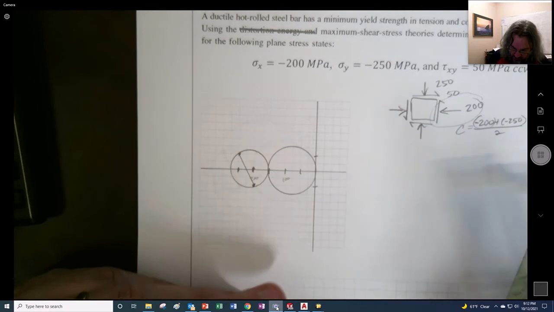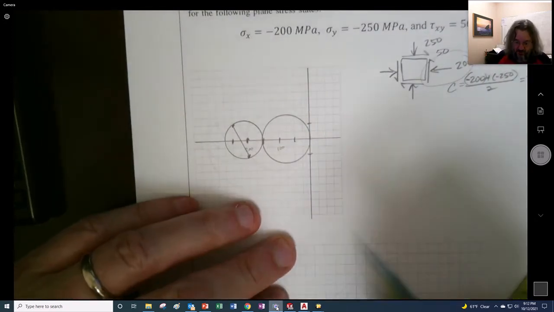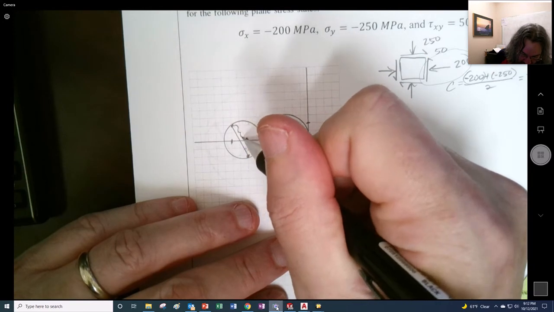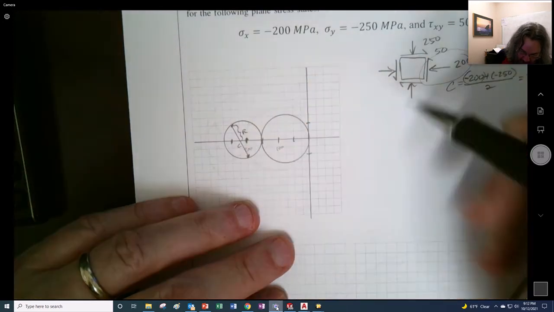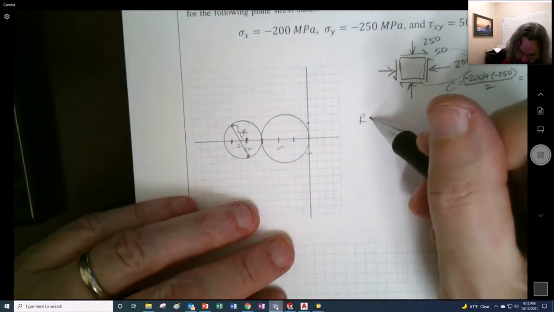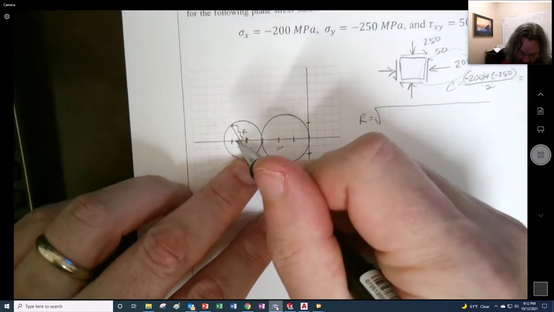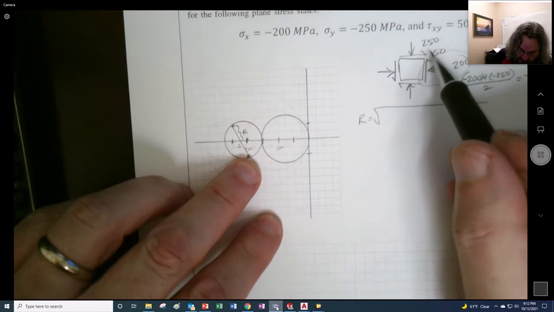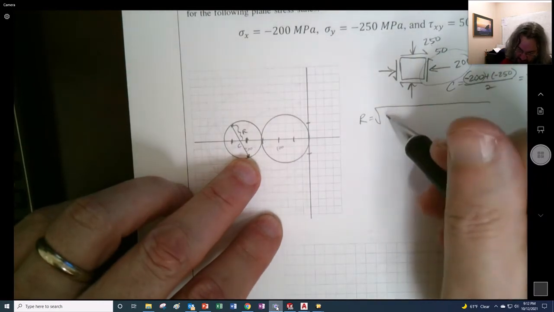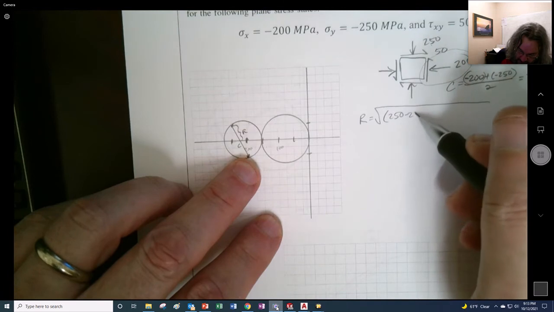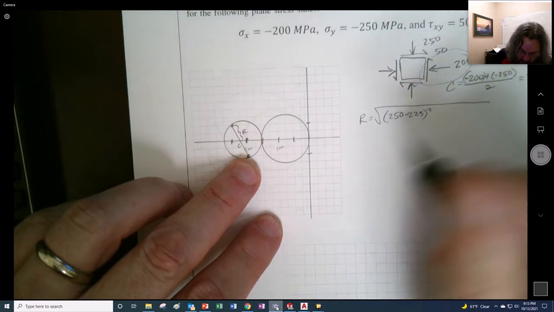So first off, let's take a look. We need the R. So I think this one is going to make for a good R right there. So my R, the square root. The leg here, I'm going to take 250 and subtract out the center. See that right there, right?